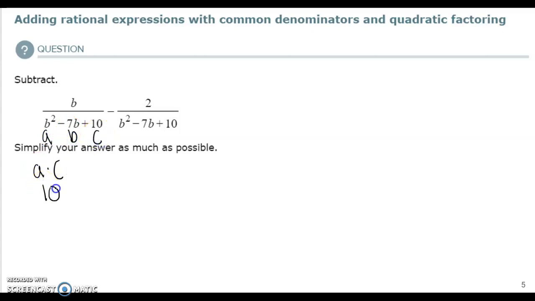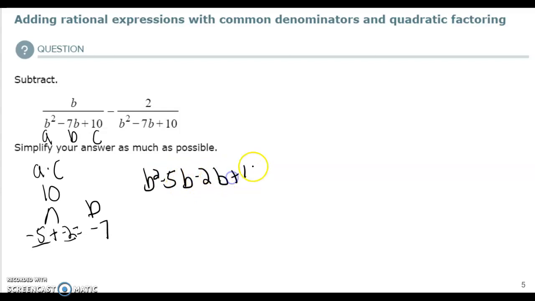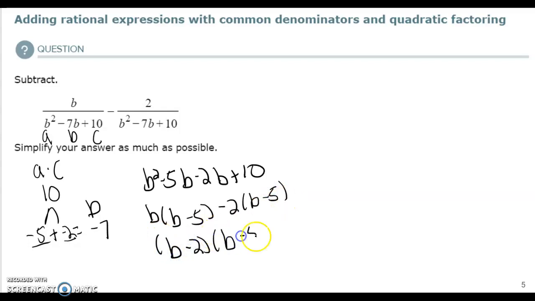So I have common denominators, but I could simplify it a little further. A times c is 10. That adds to our b of -7, so I'm going to do -5 and -2. Where I end up with, so this is what the numerator can be for both of these.